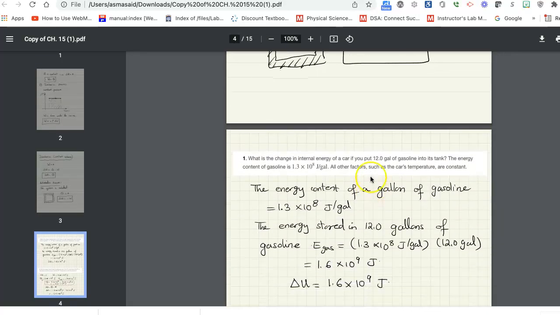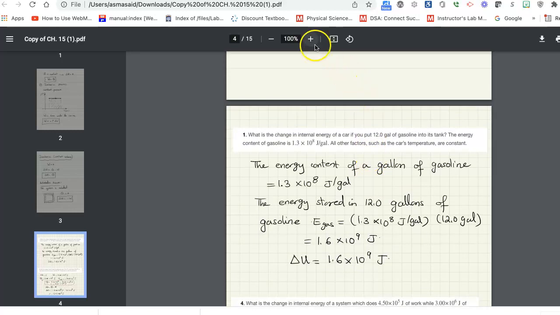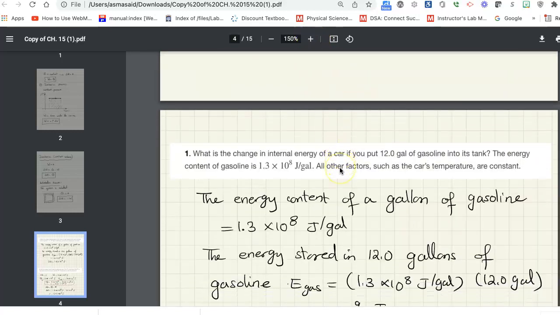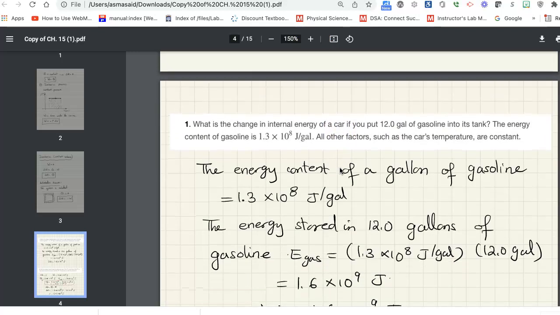Okay, this is one of the questions here. What is the change in internal energy of a car if you put 12 gallons of gasoline into a tank? The energy content of the gasoline is 1.3 × 10^8 joules per gallon.